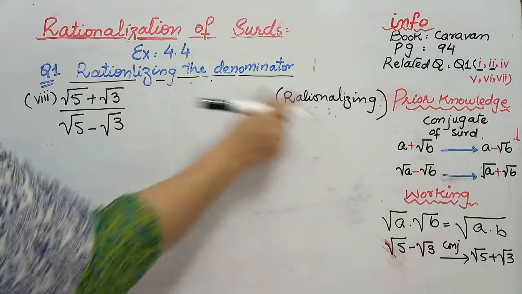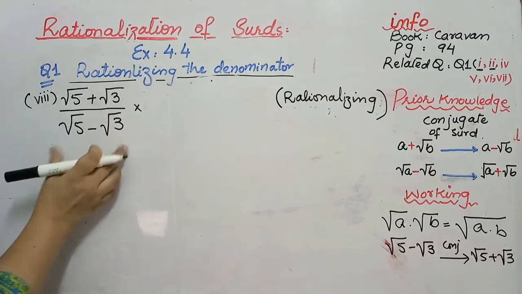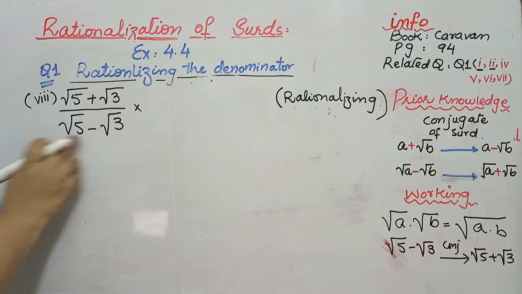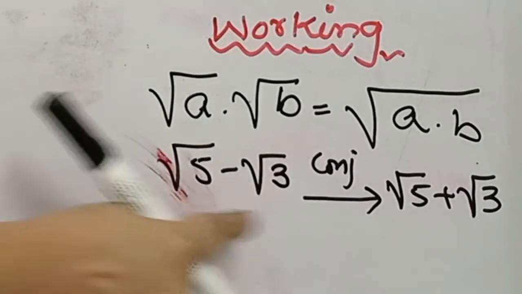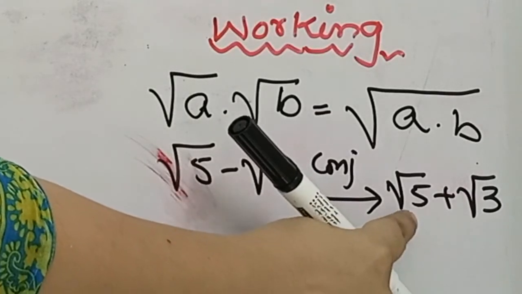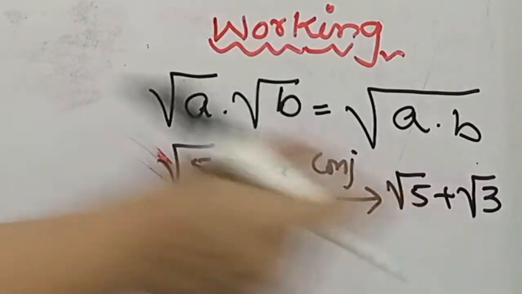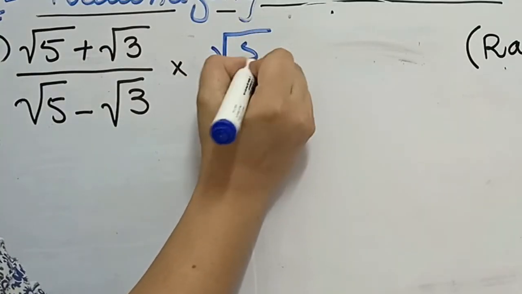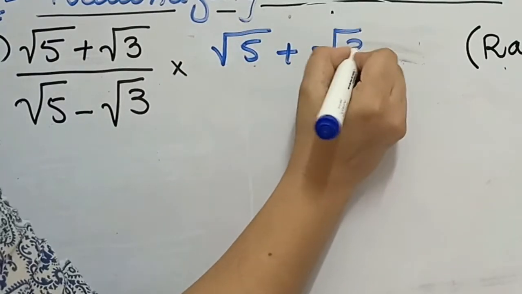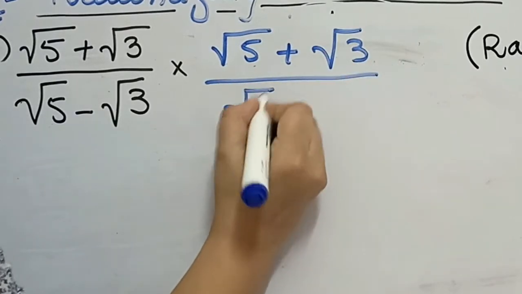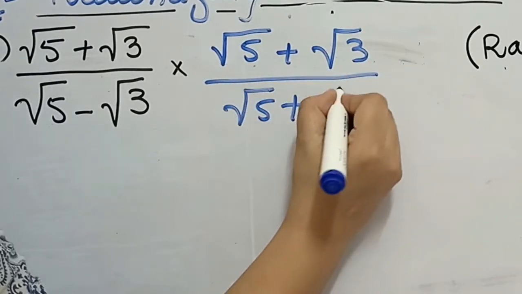Fine. So rationalizing the denominator, we have to multiply and divide with the conjugate of the denominator. What is the conjugate of the denominator? Here you can see the conjugate of the denominator is under root 5 plus under root 3. So we have to multiply by under root 5 plus under root 3 and divide as well by under root 5 plus under root 3.